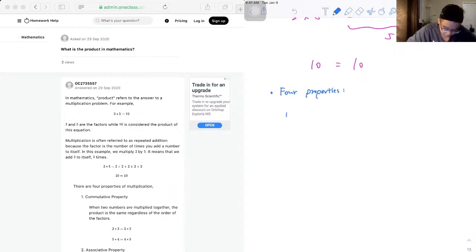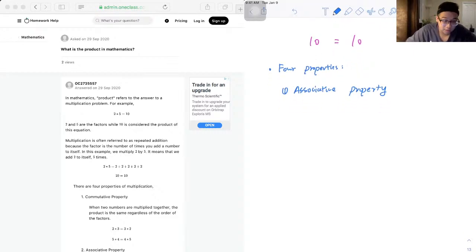Right. So the first one will be the associative property. Yeah. So when 3 or more numbers are multiplied, the product is the same regardless of the grouping of the factors.